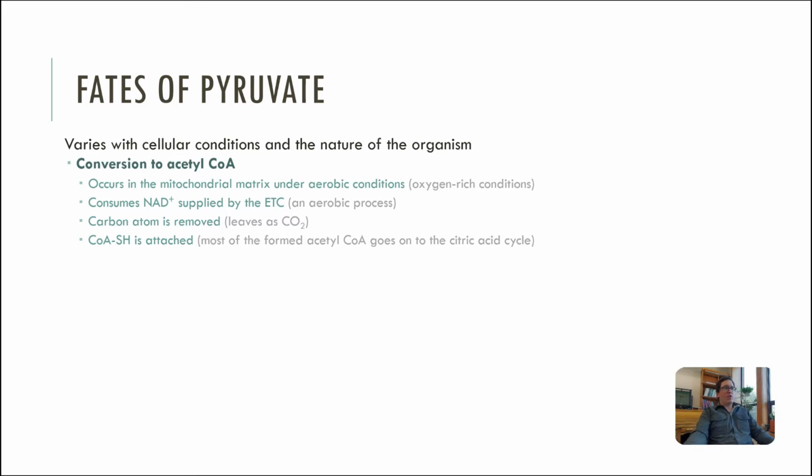As the electrons get dumped off of it into the electron transport chain, NAD plus heads back to pyruvate and gets re-reduced. A carbon atom is removed in this process, so we generate CO2, and the product is acetyl coenzyme A from the free coenzyme A with the sulfur and hydrogen group on it.